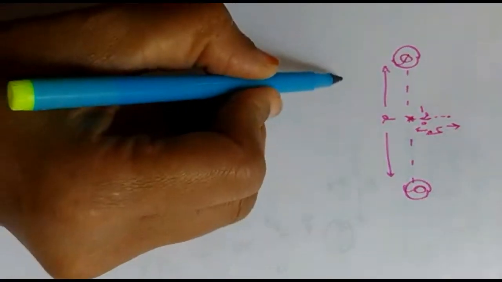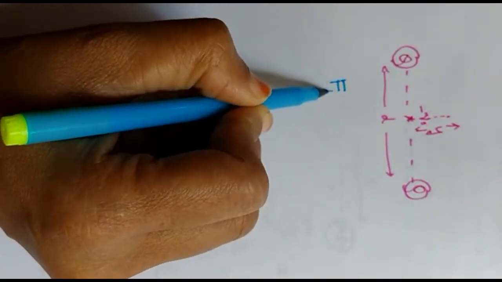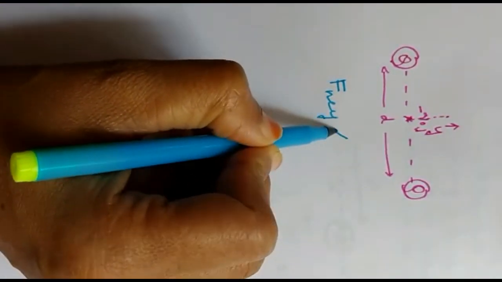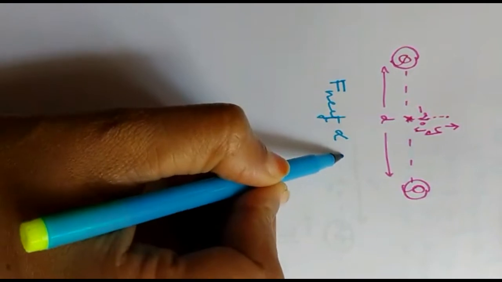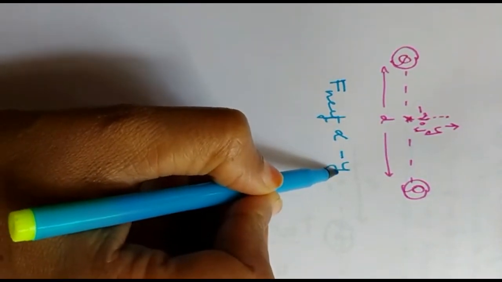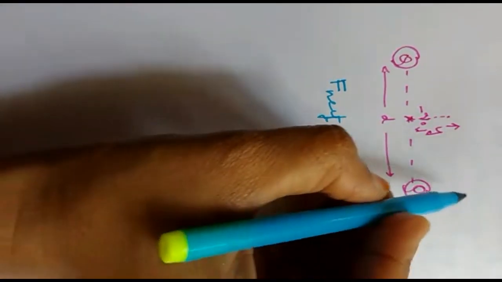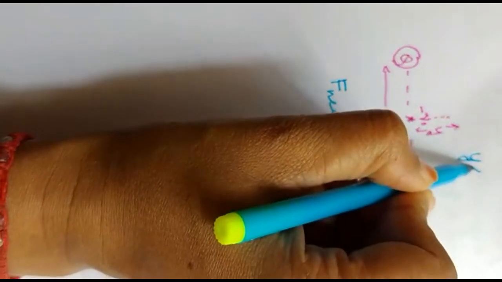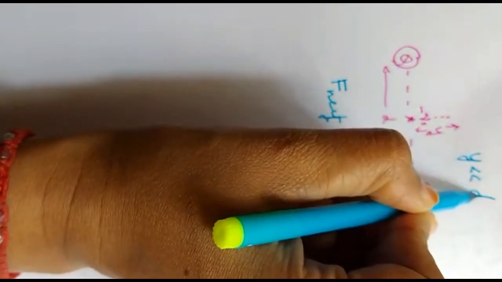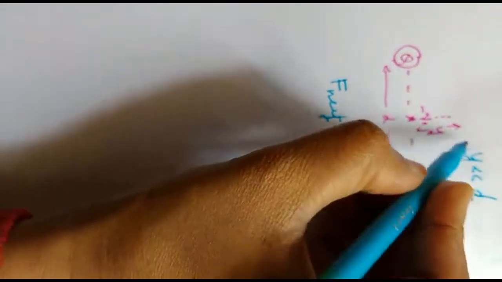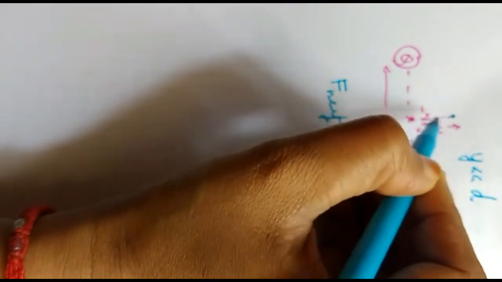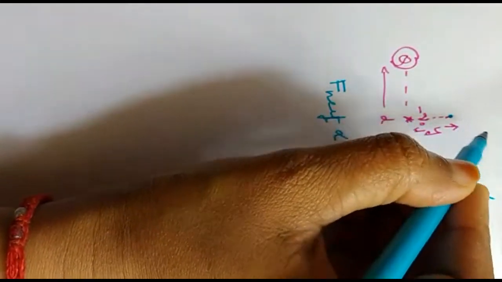To call it simple harmonic, we know that the net force should be proportional to the negative of the displacement. And here we are assuming that y is much less than d. So this is the position of the charge after giving a small displacement.